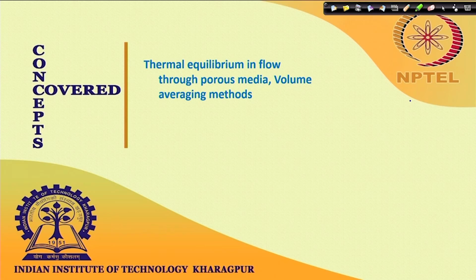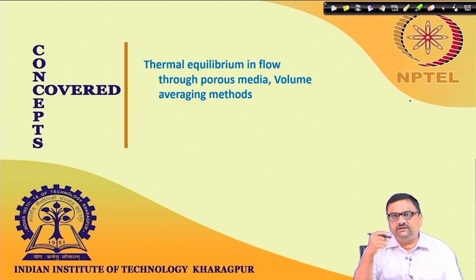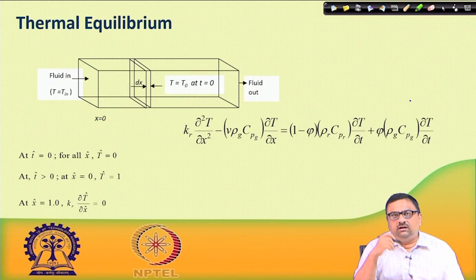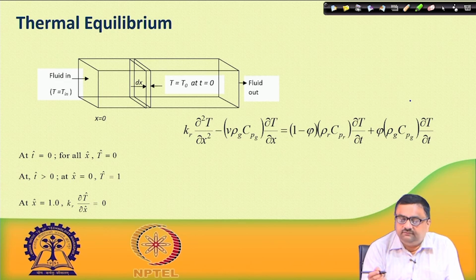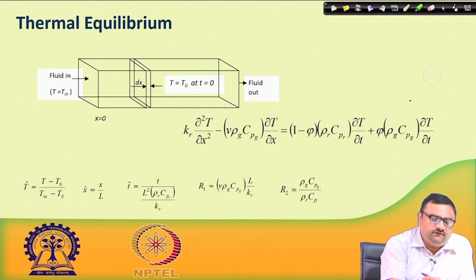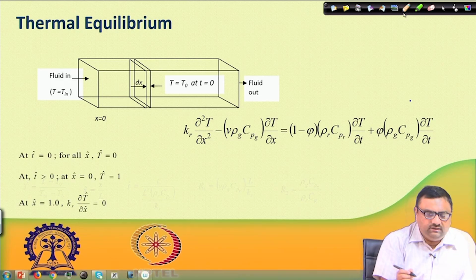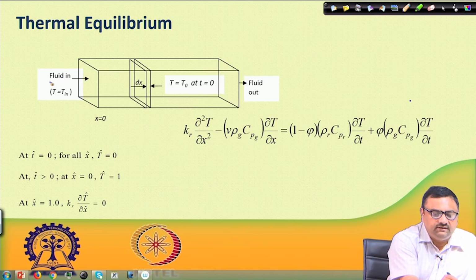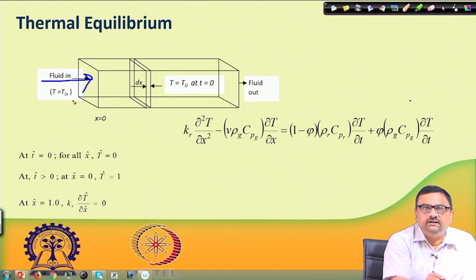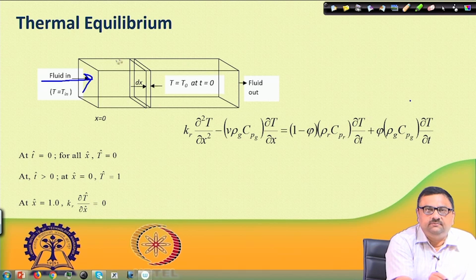So, we will talk about thermal equilibrium in flow through porous medium and the volume averaging methods, which are non-equilibrium methods. Think of a porous medium, consider this as a one dimensional problem. Here we have the fluid going in from this side, and this is the porous medium.